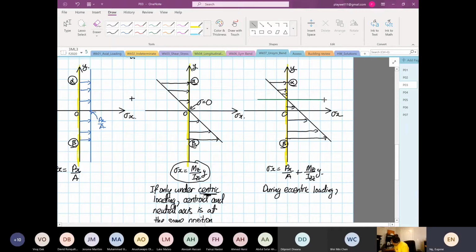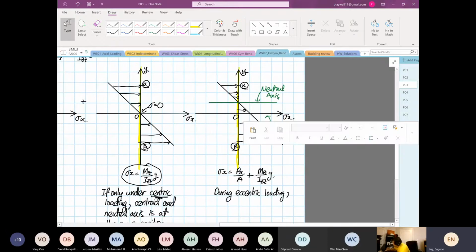So I'll draw this green line now. This is your neutral axis. And this is your centroid. The centroid is discovered based on geometry. The neutral axis is dependent on the stress field.